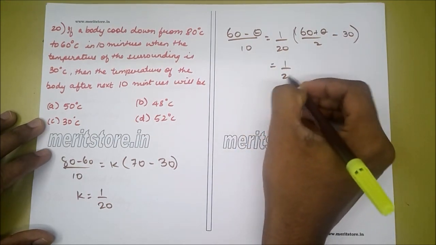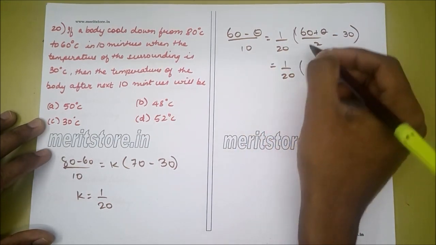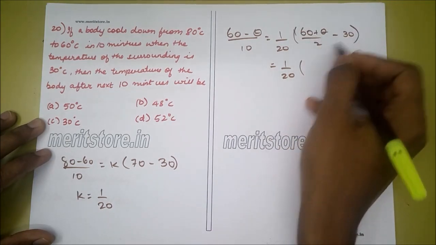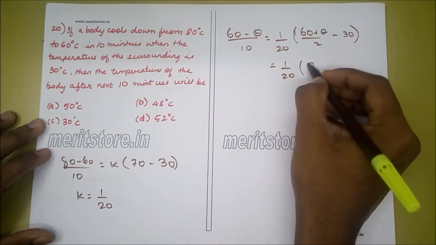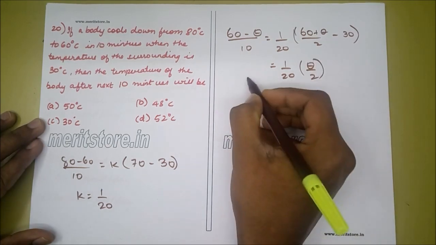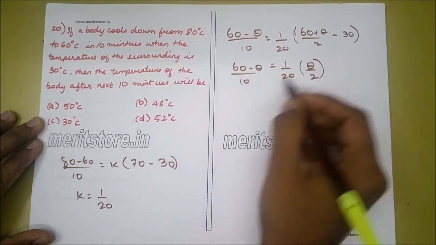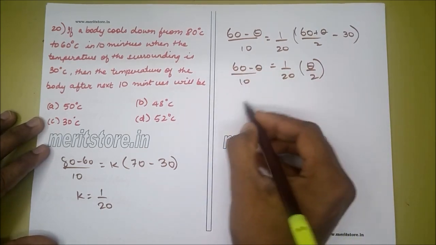So this comes out as 1 by 20 times, this 60 by 2 becomes 30 and gets cancelled with this 30. So we are left with theta by 2. So 60 minus theta upon 10 is equal to 1 by 20 times theta by 2.